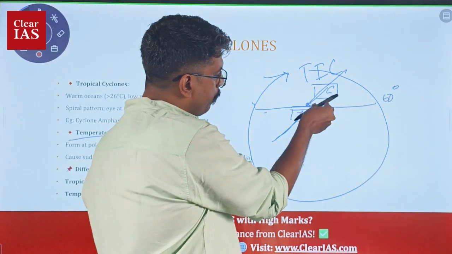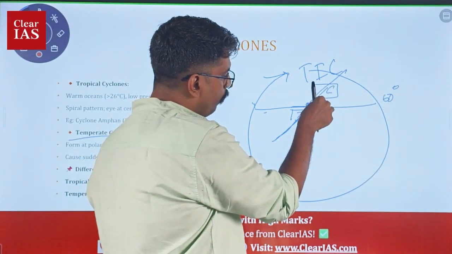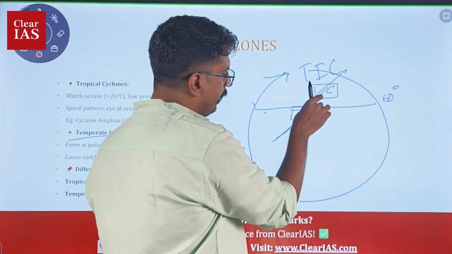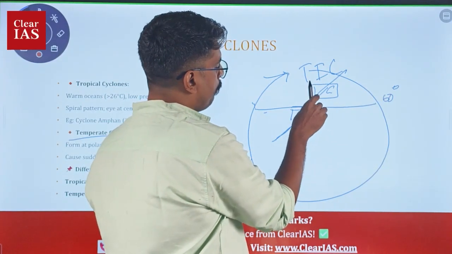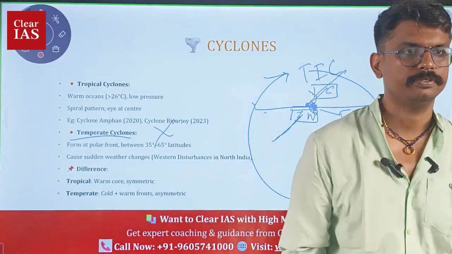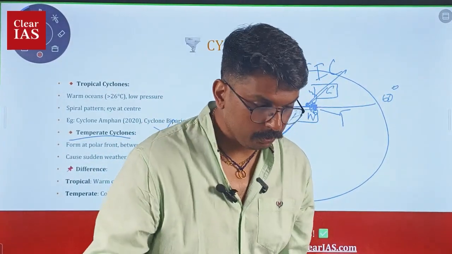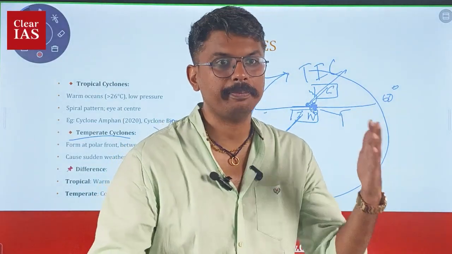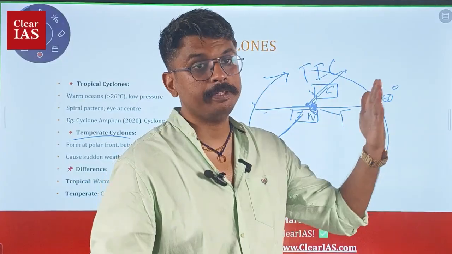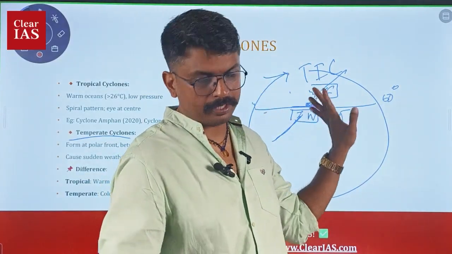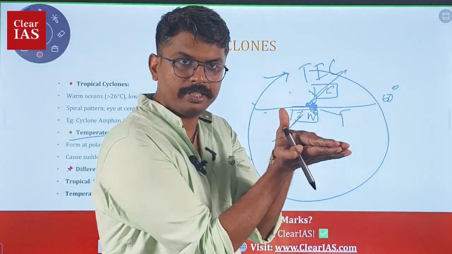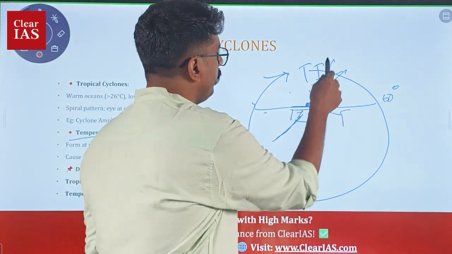The warm front would be rotating and the cold one will try to follow it, and this entire system will start rotating like this. This type of cyclone is called temperate. Why do they rotate? How do they rotate? To explain all this, I would have to first explain air masses and fronts to you. For now, just remember, when the air masses come and meet around 60 degrees, they start rotating.